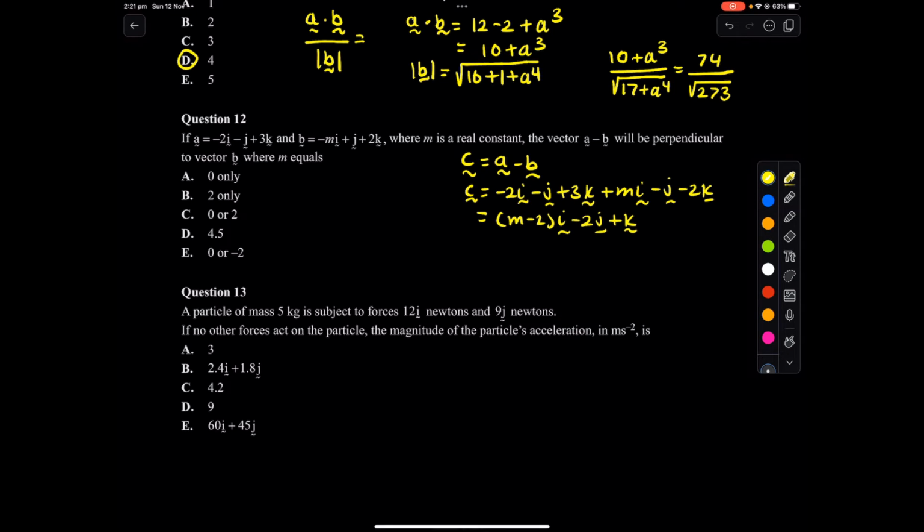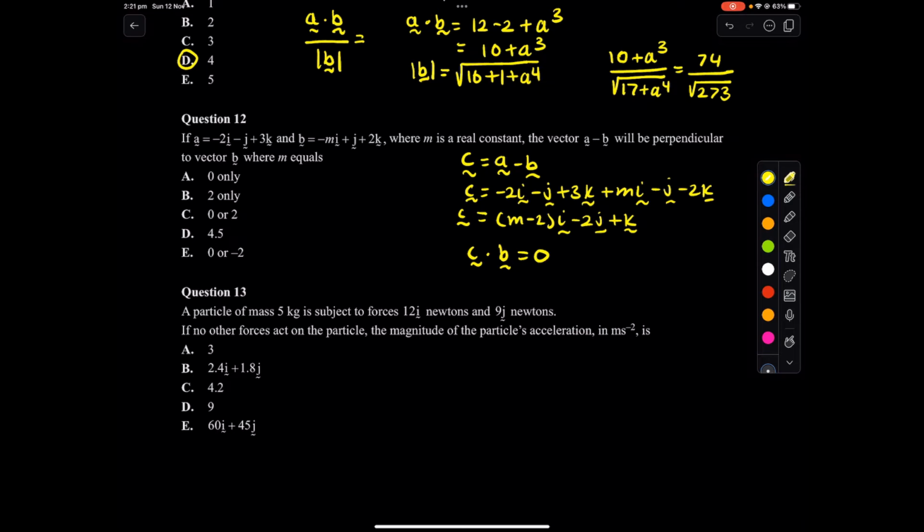So we got this beautiful vector, and that's your C vector. And we want this C vector over here to be perpendicular to B. So we want the dot product between C and B to be equal to 0. That is when we actually get them to be perpendicular.